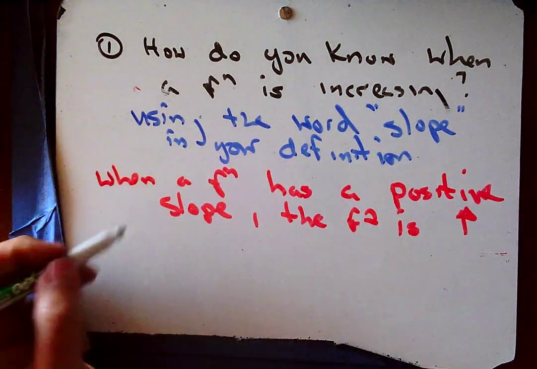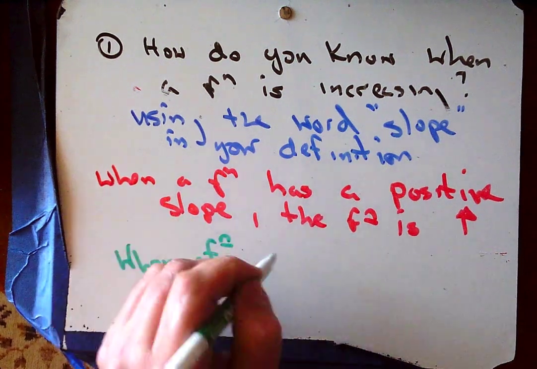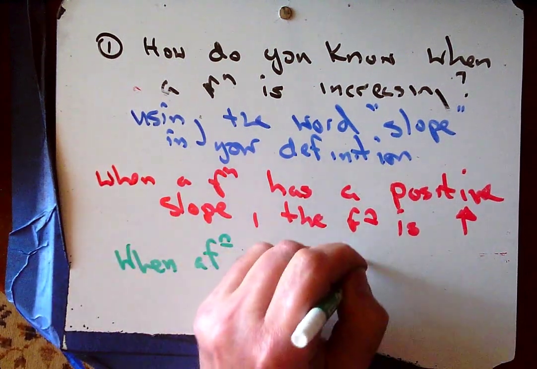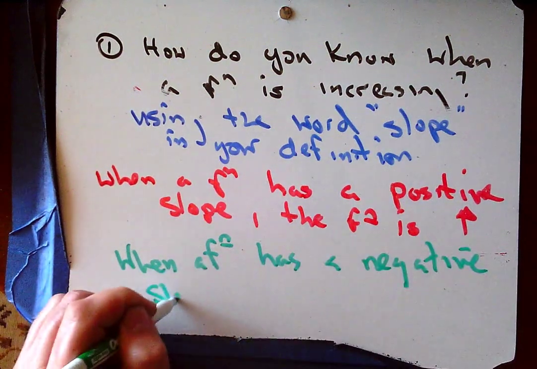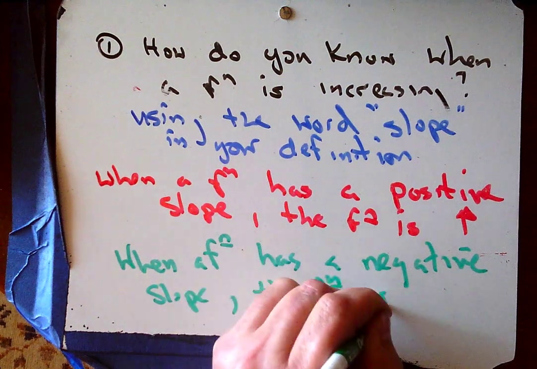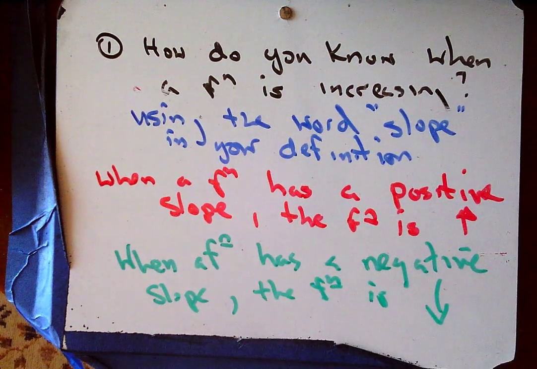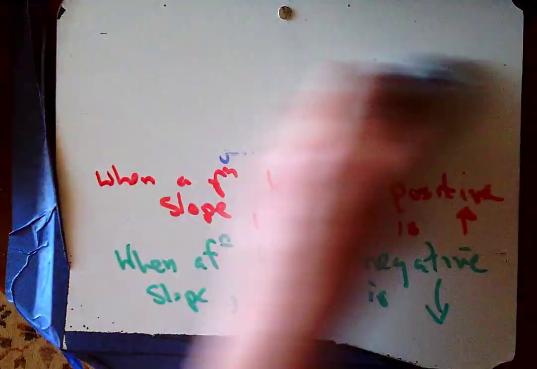And when a function has a negative slope, the function is decreasing. And functions don't have to be always increasing or always decreasing.